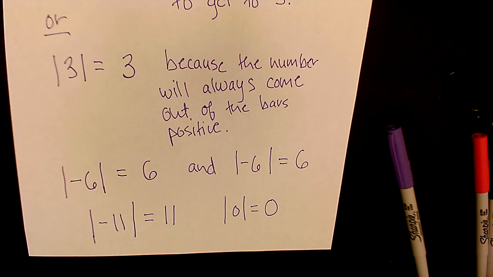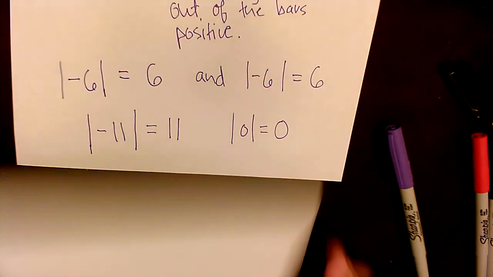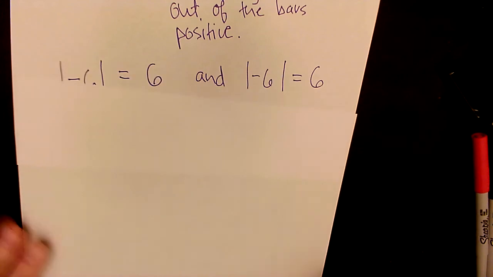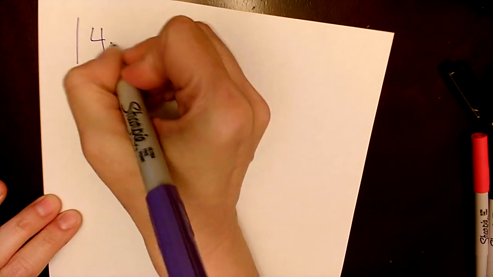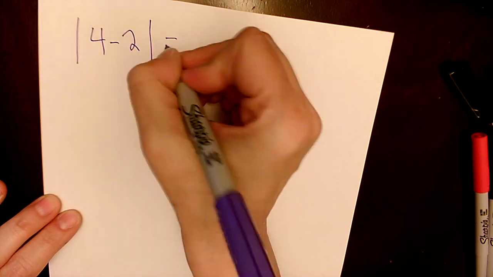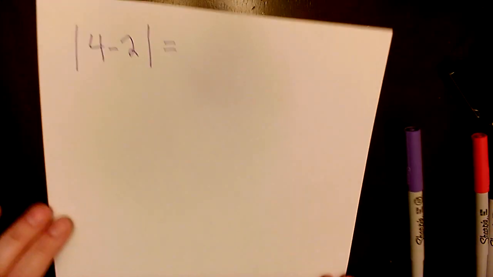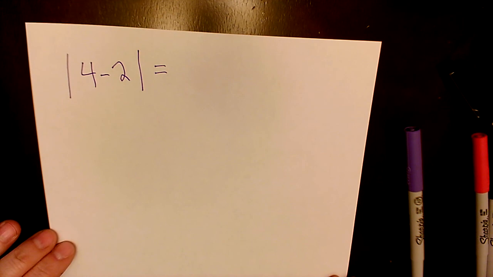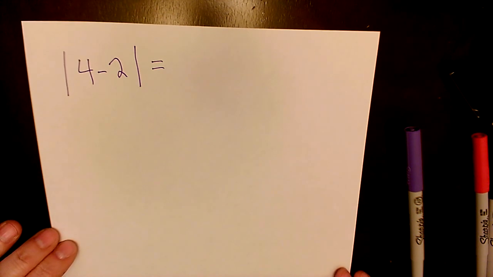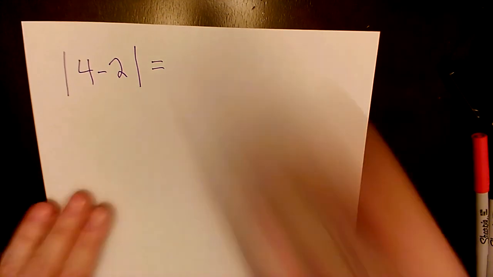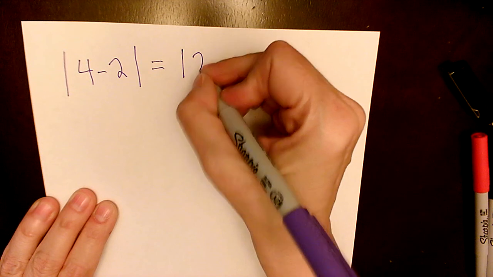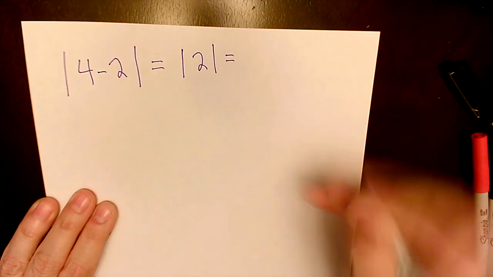And let me do one more with 2 inside, and that'll be it. So what if we had the absolute value of 4 minus 2? So I'm going to do 4 minus 2, and that's 2.